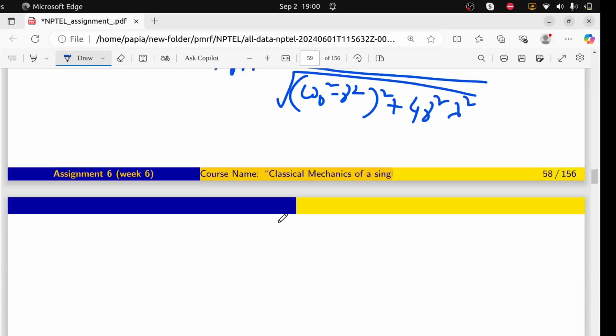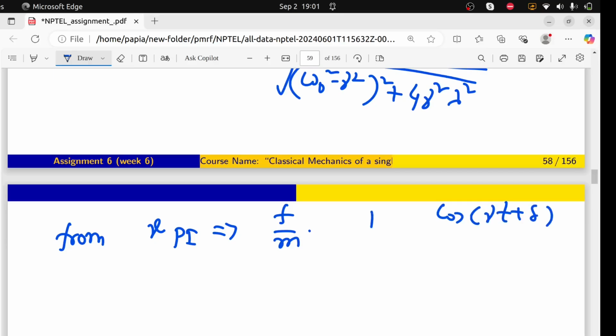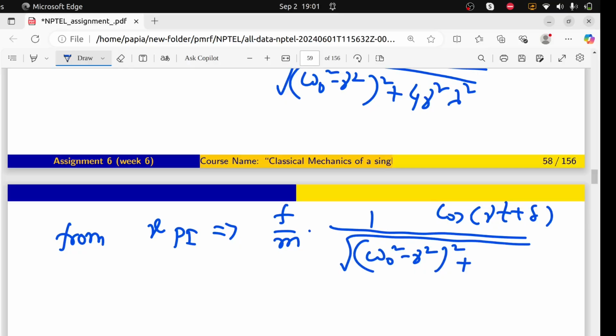So from x_PI I can get F by m times cos(gamma t plus delta), with the same denominator.